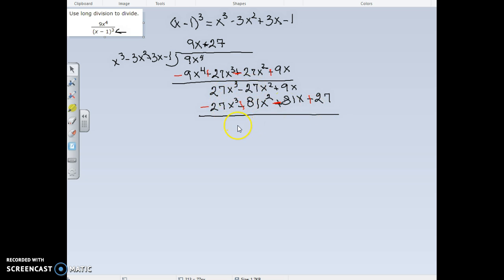We have negative 54x squared minus 72x plus 27. Now note that at this point I have a polynomial of a power less than my divisor. That means that I have already found my remainder.